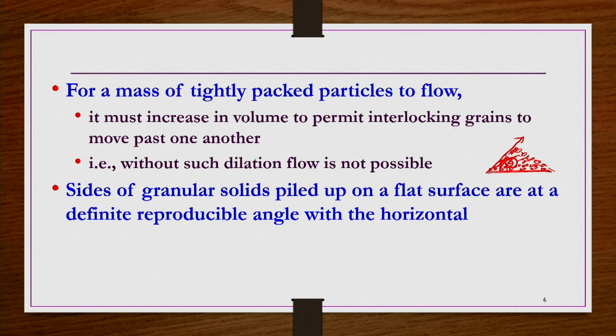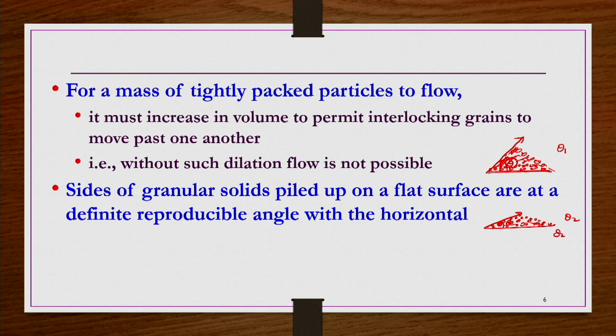And not all materials will pile up with the same constant angle. Some materials, if you pour them on the surface, spread out more and pile up with less height, so that this angle is also less. Here in this case the angle is less. Let us say here theta 1, and here theta 2.